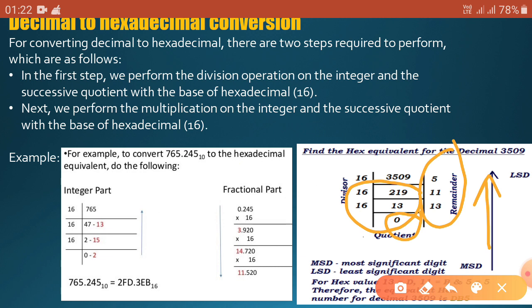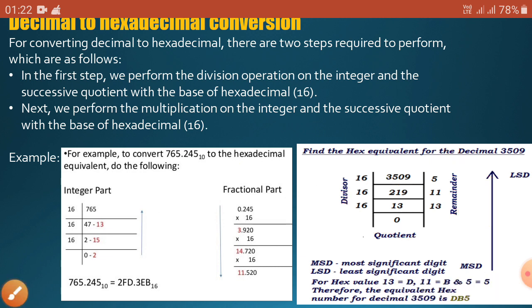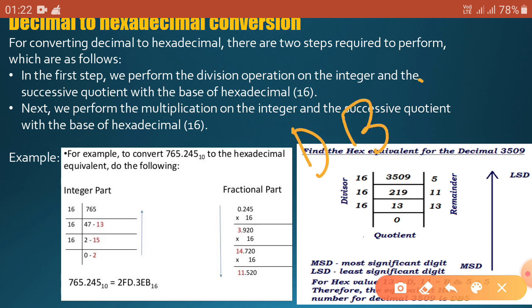Now we collect the remainders from bottom to top. It is 13, 11 and 5. 13 we know, 11 we know, and 5 we know. So if we write it in the hexadecimal number system, it gives us DB5, because D means 13, B means 11, and 5 means 5.